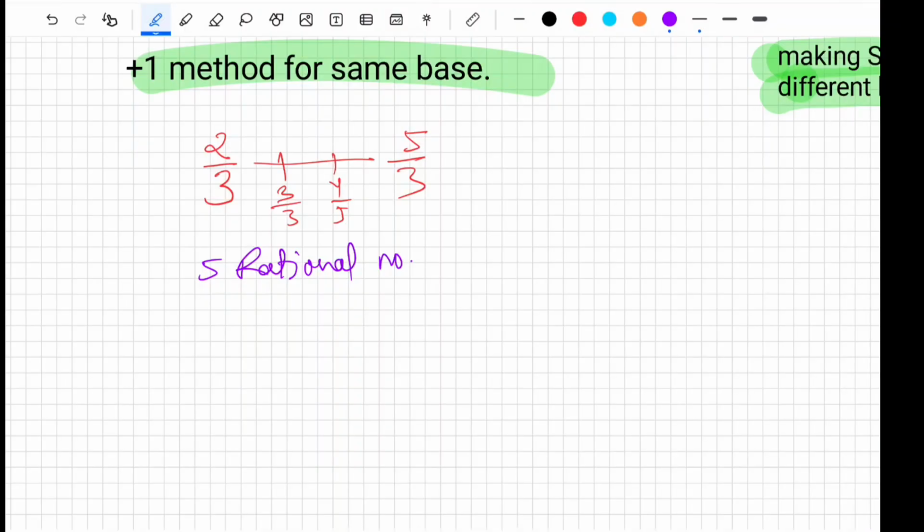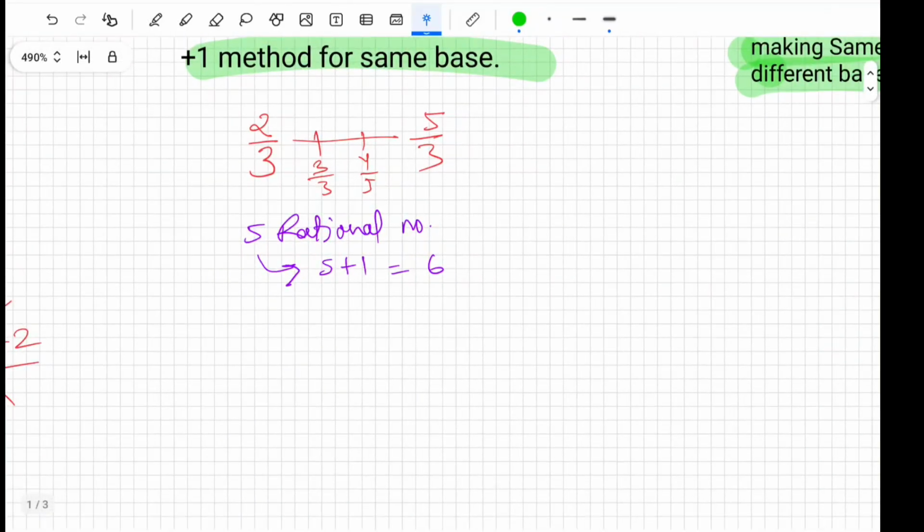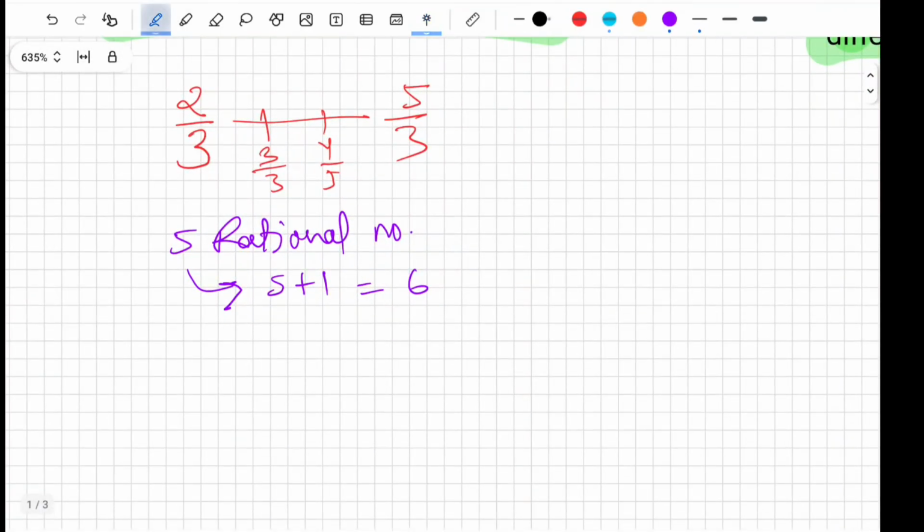If someone is asking about 5 rational numbers, what will we do? We will just add 1. So if the question is asking to find 5 rational numbers, we have to calculate 5 plus 1, and we can use this number for our convenience. How will we use this number for convenience?